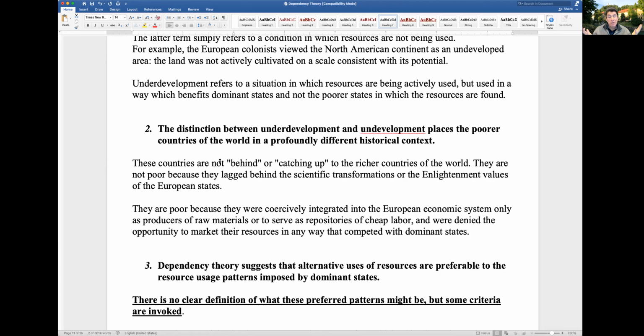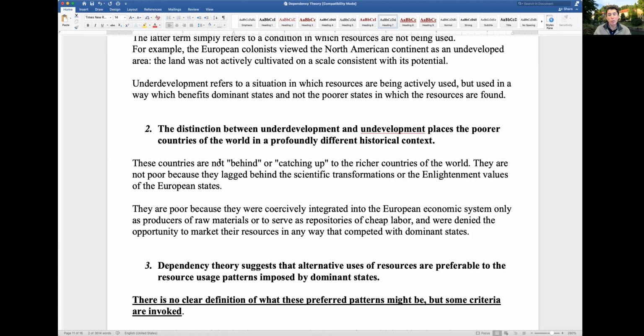Well, if what Rostow is talking about was true, we would need Bolivia or Ecuador to have other colonies or other countries to colonize in order to become the next Spain or the next England. But there are no other places to conquer.